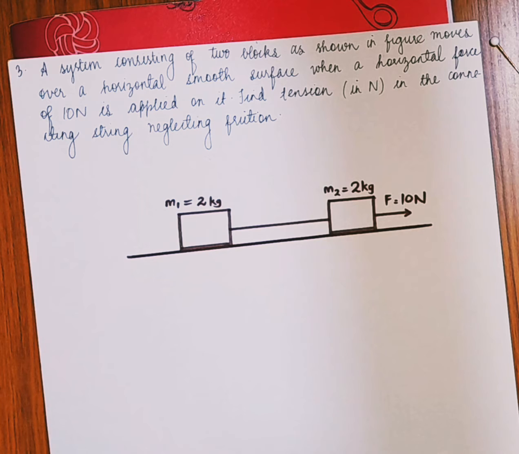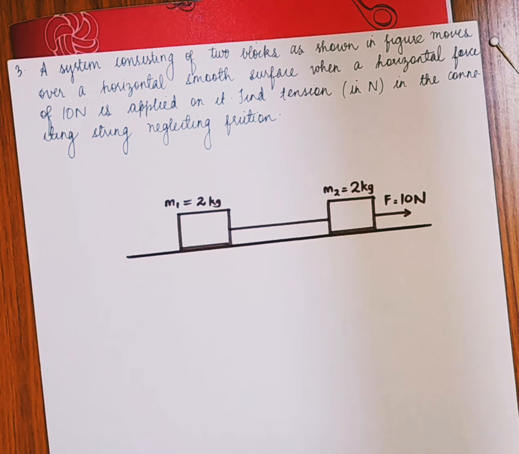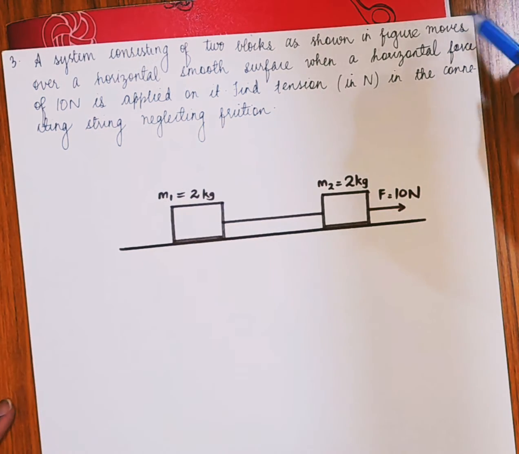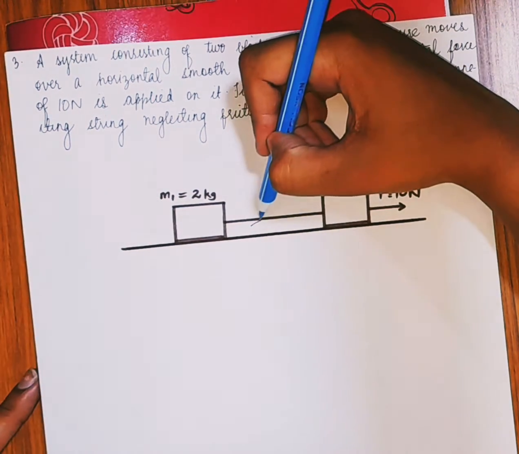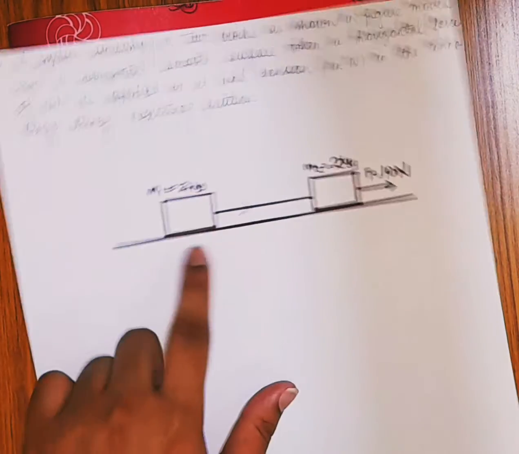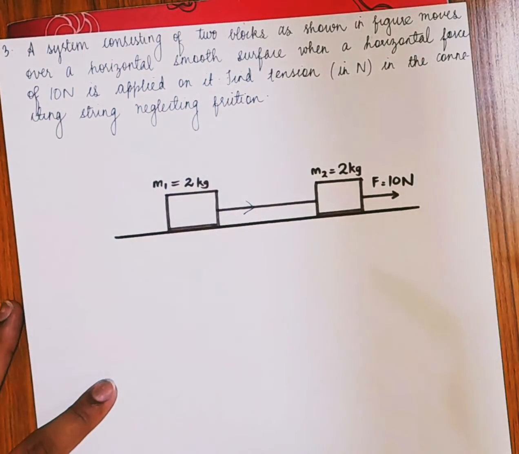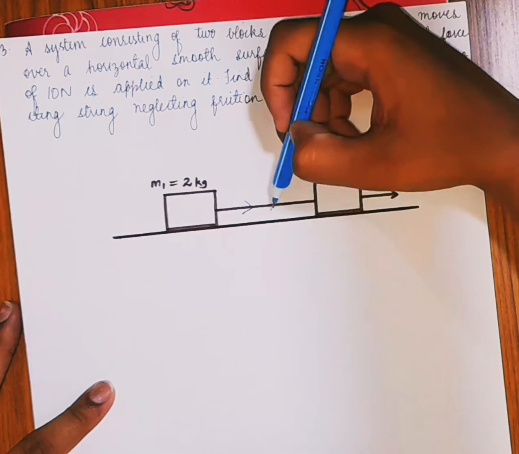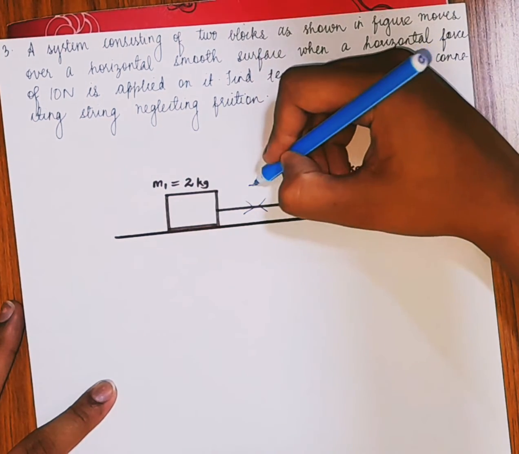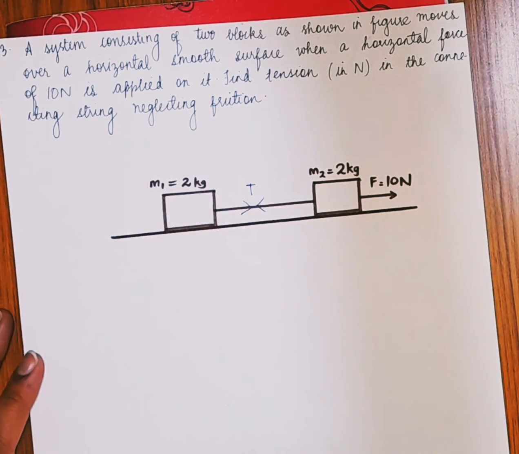Question 3. A system consisting of two blocks as shown in figure moves over a horizontal smooth surface when a horizontal force of 10 Newton is applied on it. Find tension in Newton in the connecting string neglecting friction. Tension of the first body will be towards right. Tension of the second body would be towards left. So this is the tension. Fine.